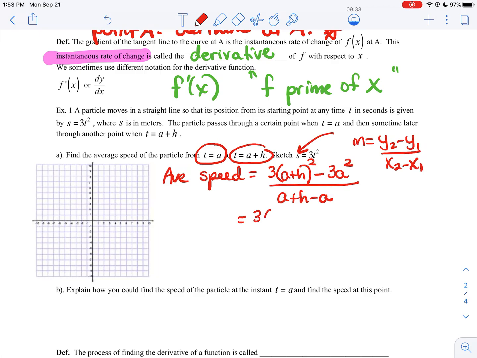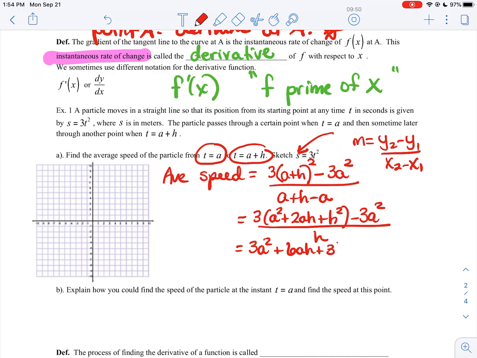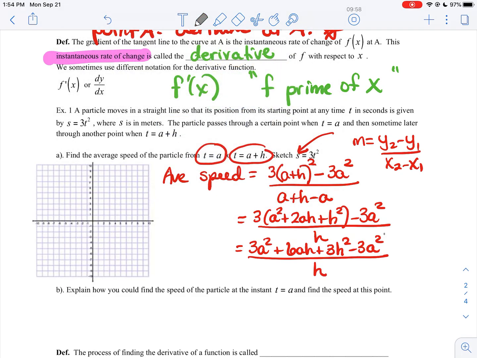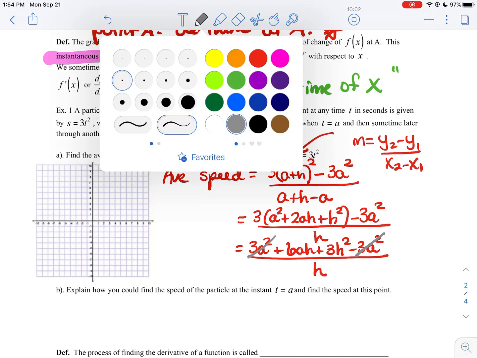So now we're going to do some algebra. That's a squared plus 2ah plus h squared. And again, I'm assuming at this point we're good to go with our algebra. So the 3a squareds cancel.